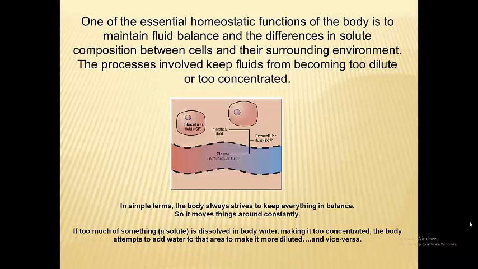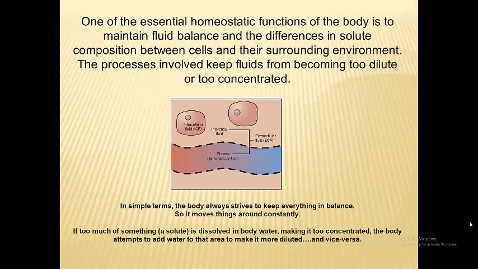So one of the essential homeostatic functions, fancy way of saying ways the body keeps everything in balance, is fluid balance, right? And your body says, okay, there's constantly stuff coming in and I need to move it around, because if there's too much water over here, there won't be enough dissolved stuff over there.